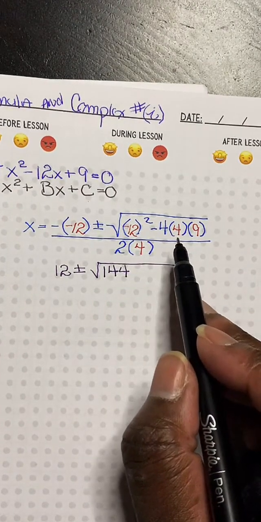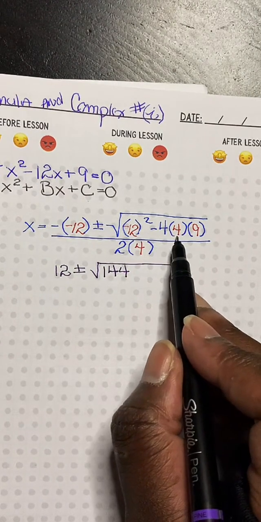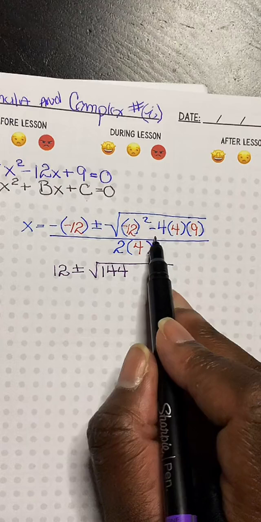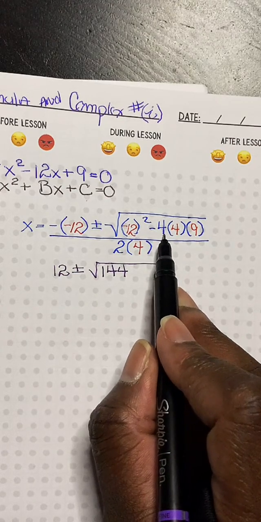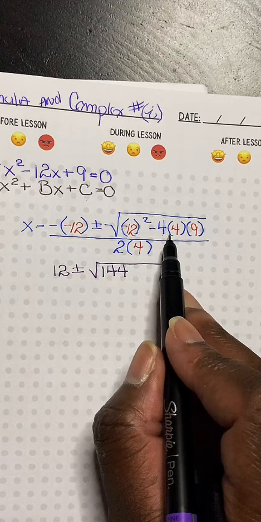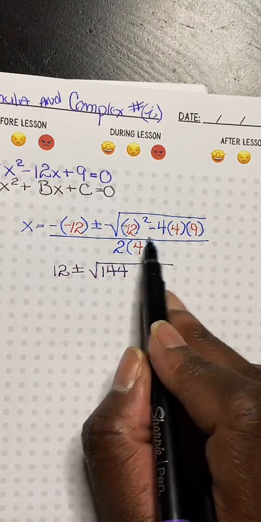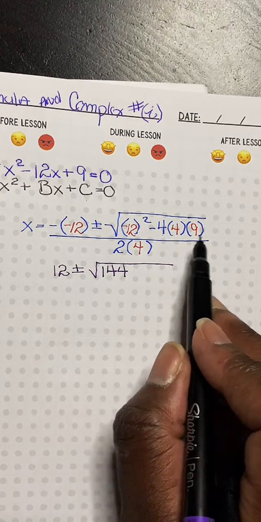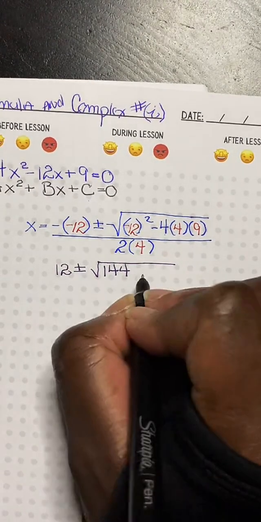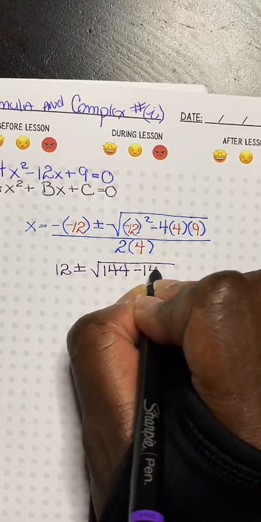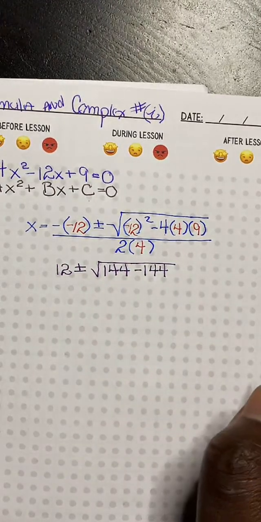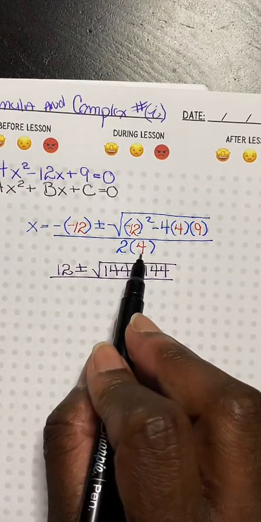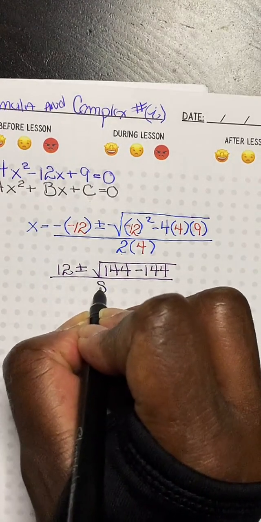Here we have a negative 4, a positive 4, and a positive 9. This minus sign acts as a negative for that 4. So negative 4 times 4 gives me negative 16, and negative 16 times 9 gives me negative 144. All of this is over 2 times 4, which gives me 8.